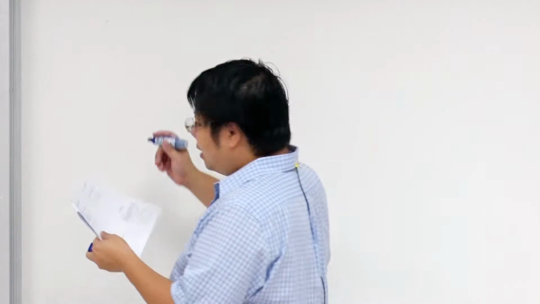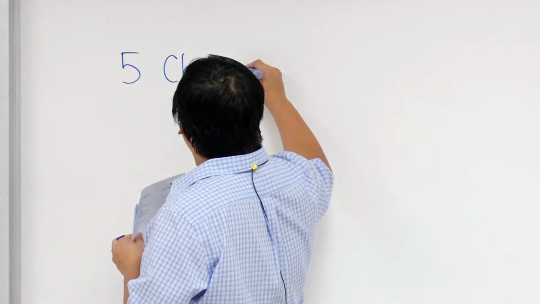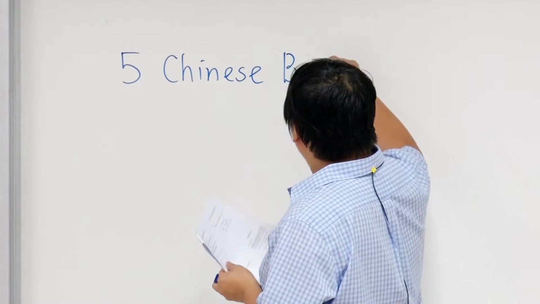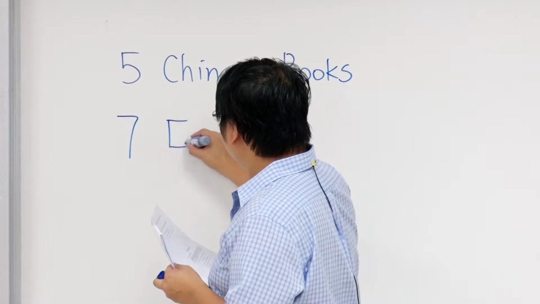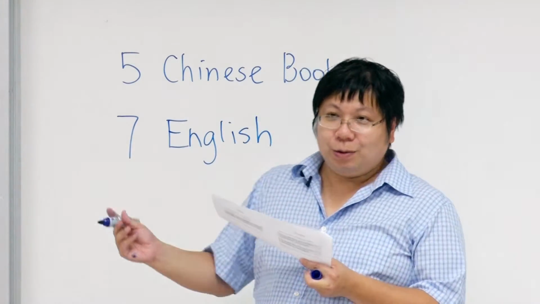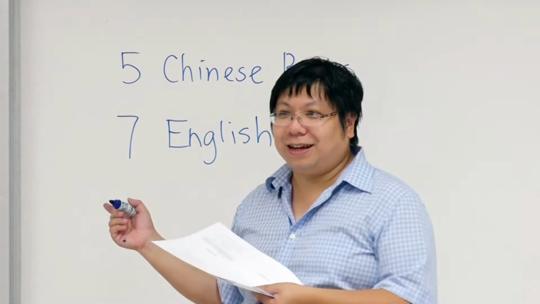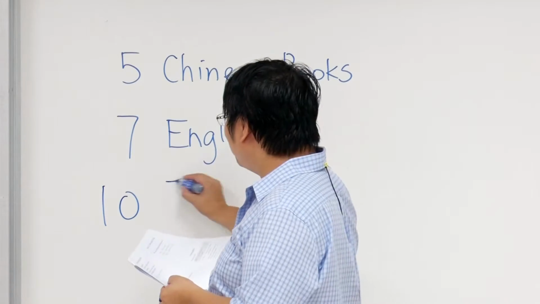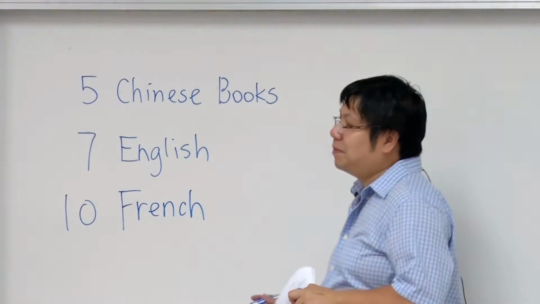So, suppose that there are 5 Chinese books, maybe 鹿鼎记, there are 5 of them. Let's say 7 English books, the Harry Potter, there are 7 of them. And then let's say there is a series of French books. It has 10 of them, 10 French books.